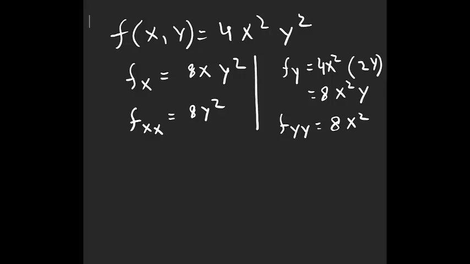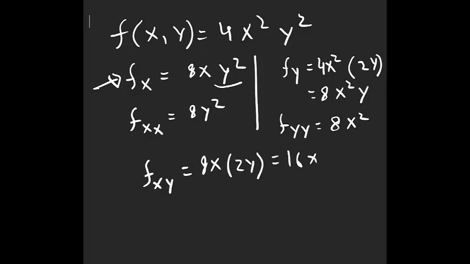Now next question is, if I want to find fxy, what happens? You see that here fx, and then you take the derivative with respect to y. So is it 8x times 2y? So that gives me 16xy. Now I want to do it another way. fy I have already here. I want to take the derivative with respect to x.